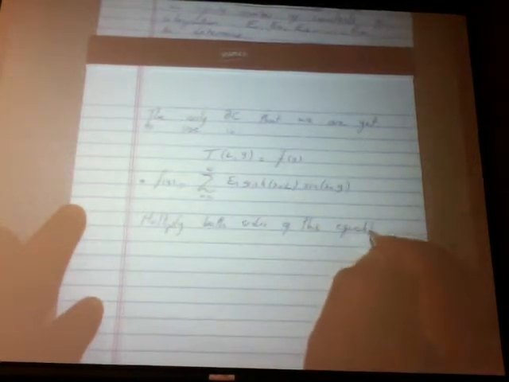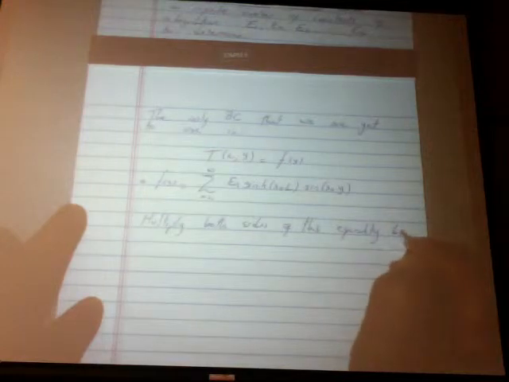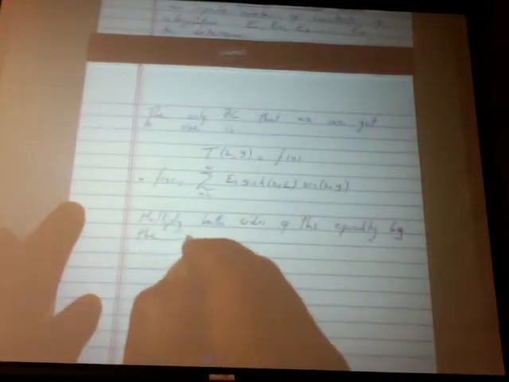So what we're going to do is multiply both sides of this equality by the eigenfunction sine of lambda_m y.